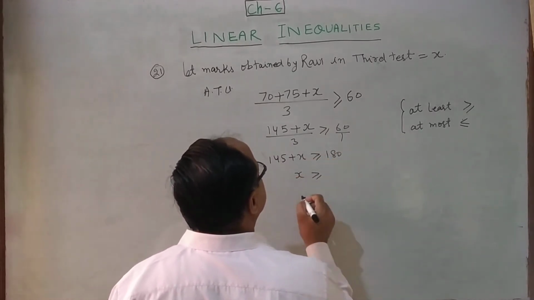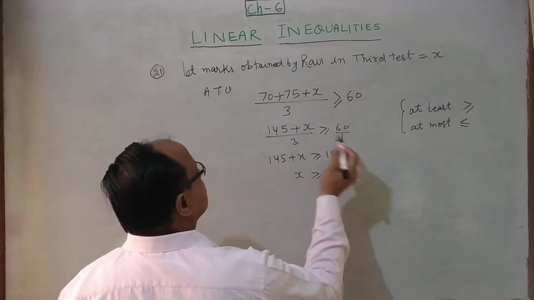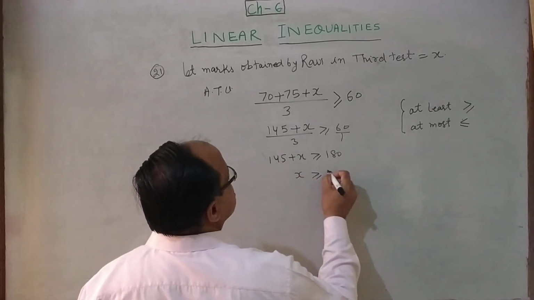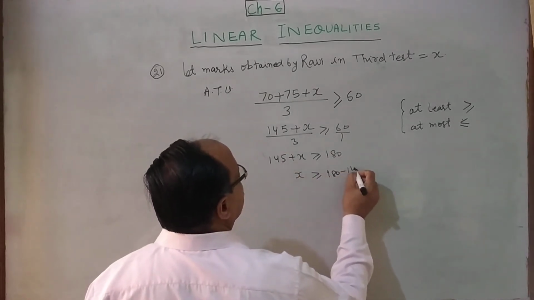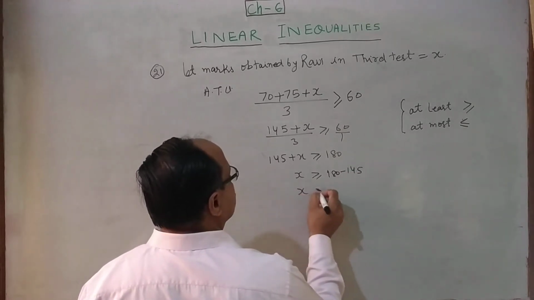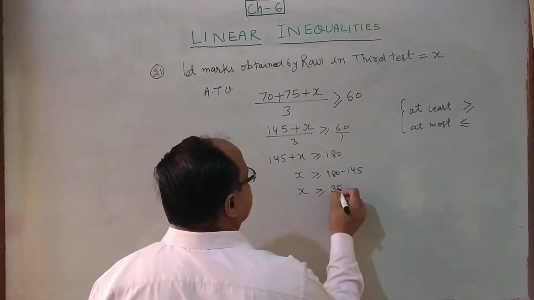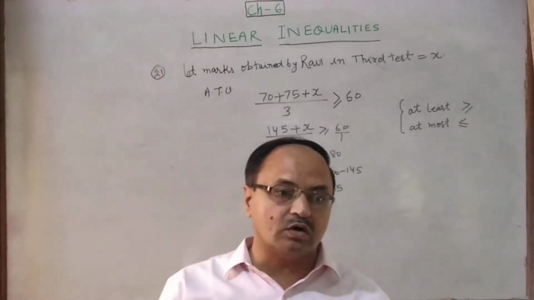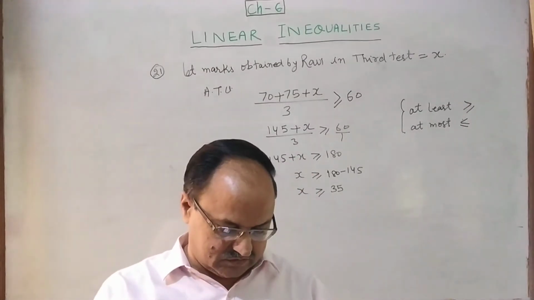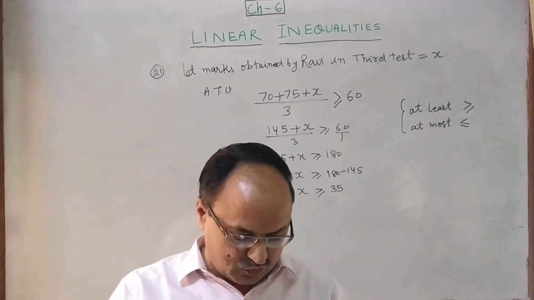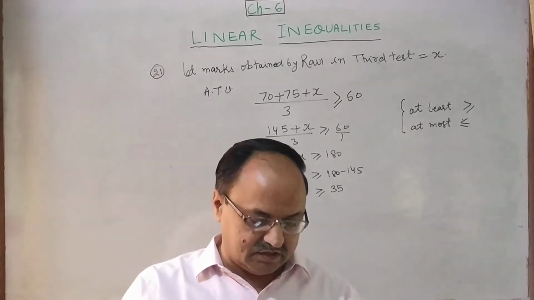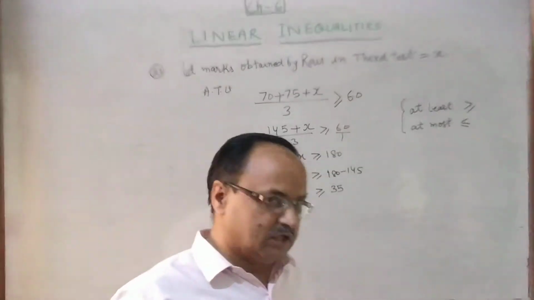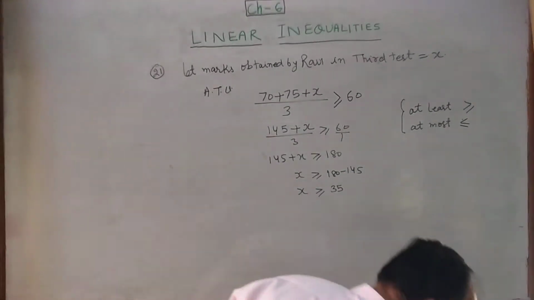Therefore, X greater than or equal to 180 minus 145. X greater than or equal to 35. So it means 35 or more than 35 marks. Clear? This is question number 21.